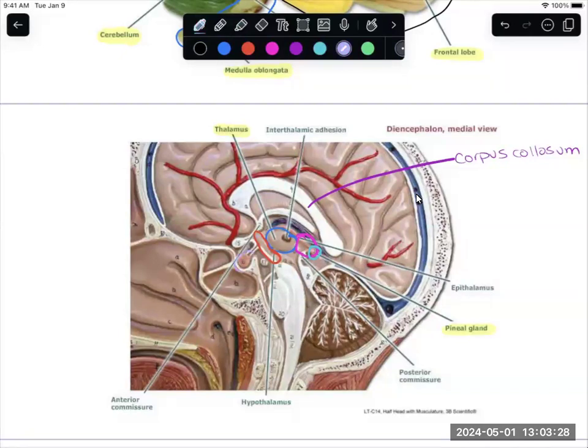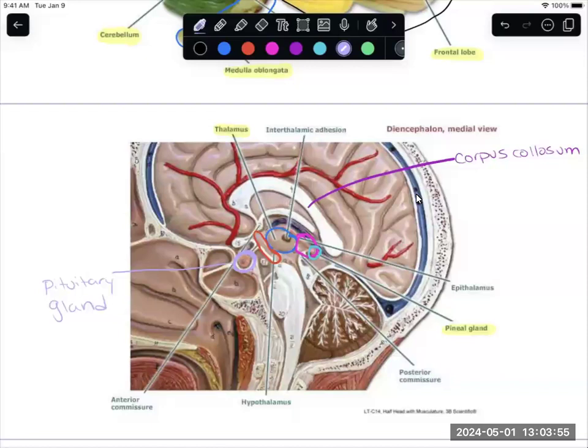We have another gland. This one is the pituitary gland. This pituitary gland works with the endocrine system, and it secretes out all kinds of different hormones. You'll learn those in anatomy too when you get to the endocrine system.